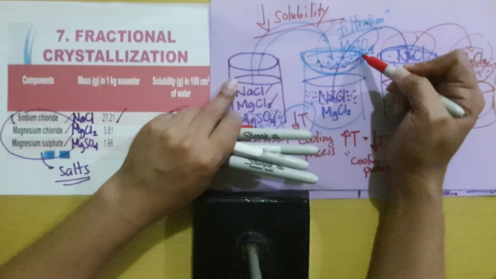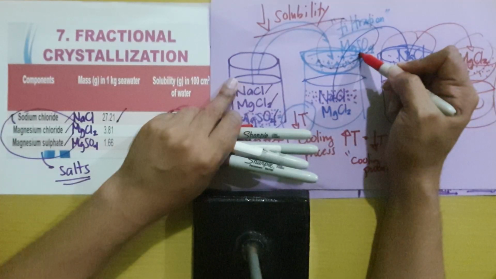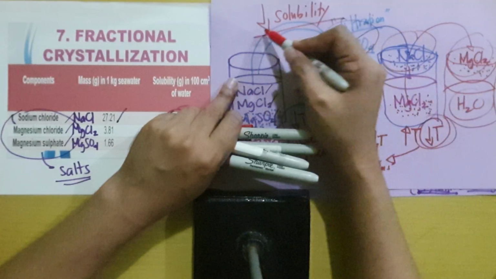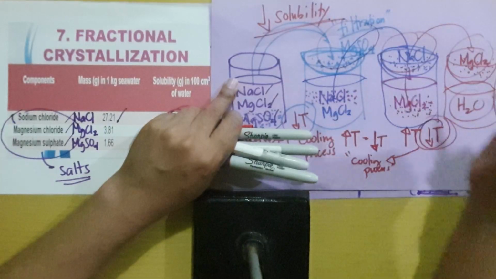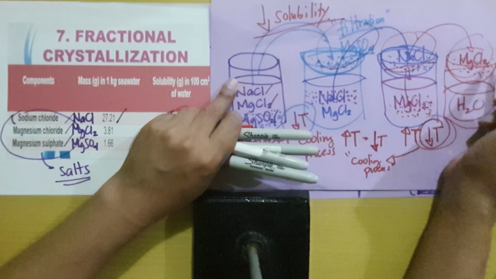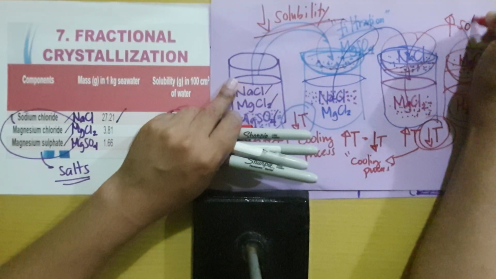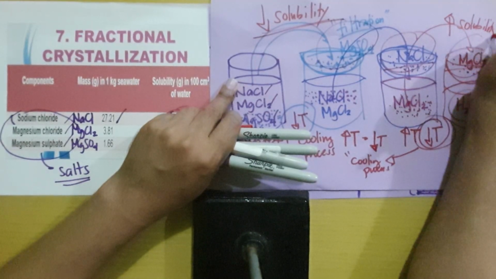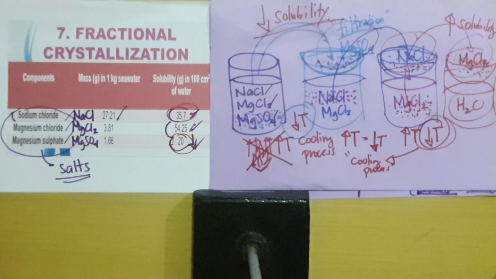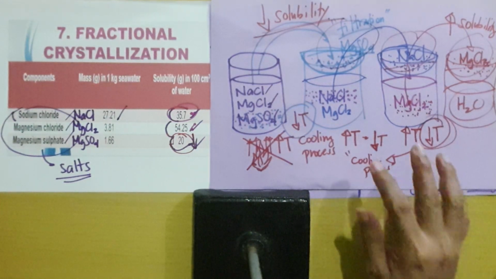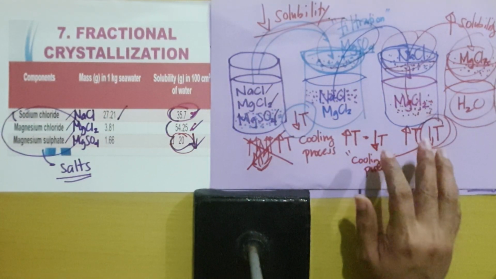In this case, magnesium sulfate will be the first type of salt that will be recovered since it has the lowest solubility value, followed by sodium chloride, and then the last one will be magnesium chloride since magnesium chloride has the highest solubility value. So that is the example of our presentation.